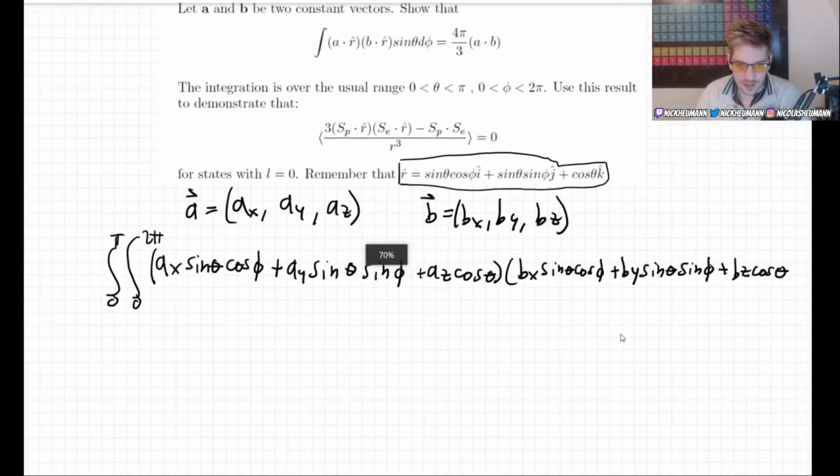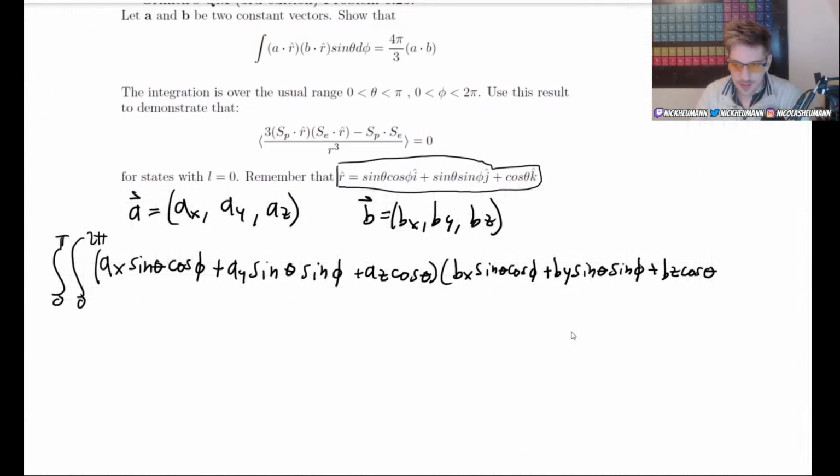And I actually need a little bit more room. So then we have sine of theta d phi d theta. All right. So as you can see, this integral is not particularly small. It isn't particularly pleasant. So maybe let's find some way to simplify it.